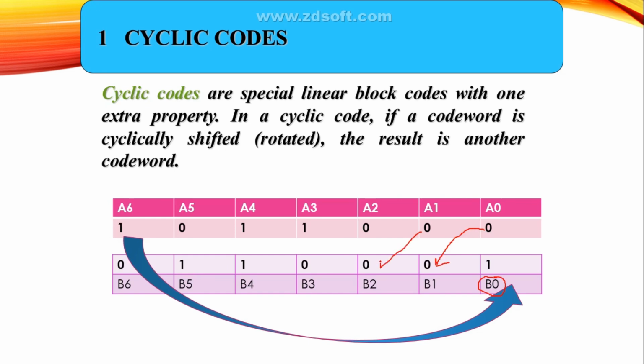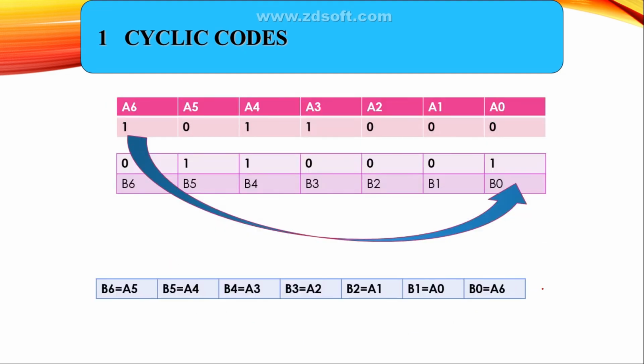A1 shifted to B2, A2 shifted to B3, A3 shifted to B4, A4 shifted to B5 and A5 shifted to B6. So from this, B0 is equal to A6, A0 equal to B1, A1 equal to B2 and so on up to A5 equal to B6.